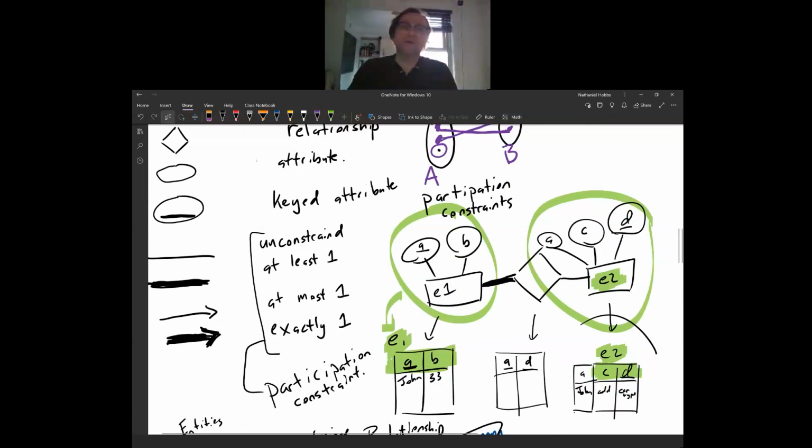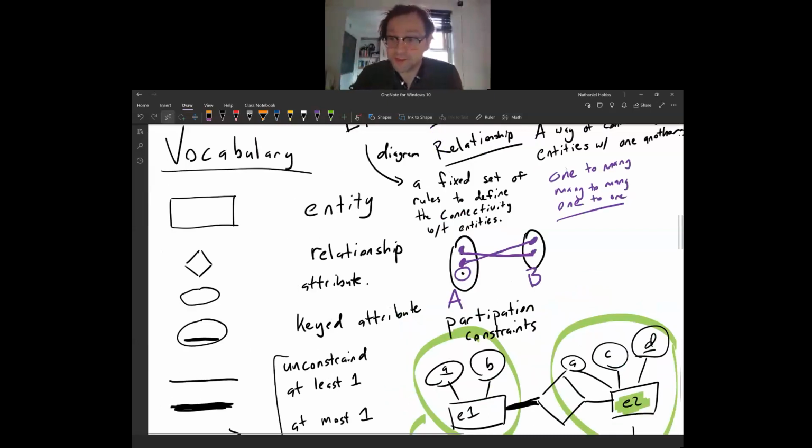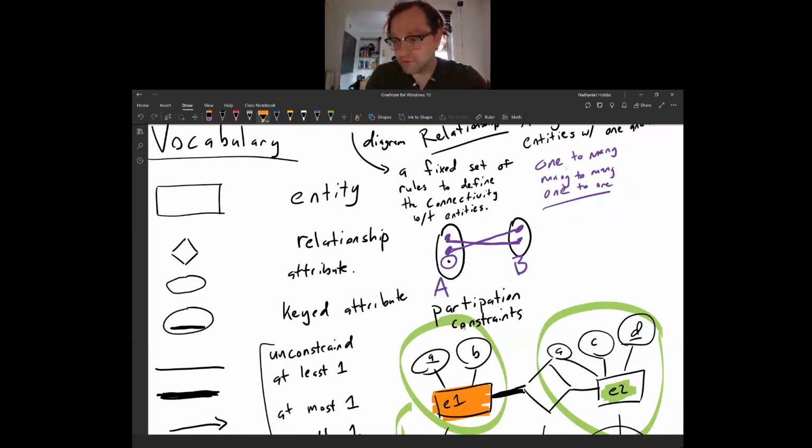So this is the vocabulary for ER diagrams. Entities are a rectangle, and off of this rectangle, as we see here in this example of an entity, there can be these ovals.